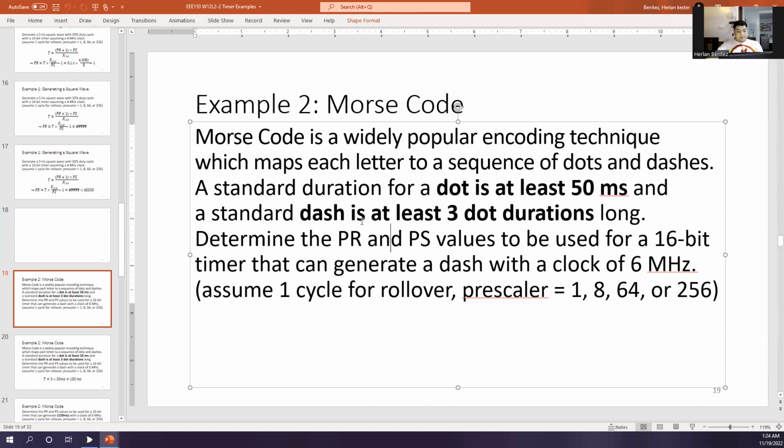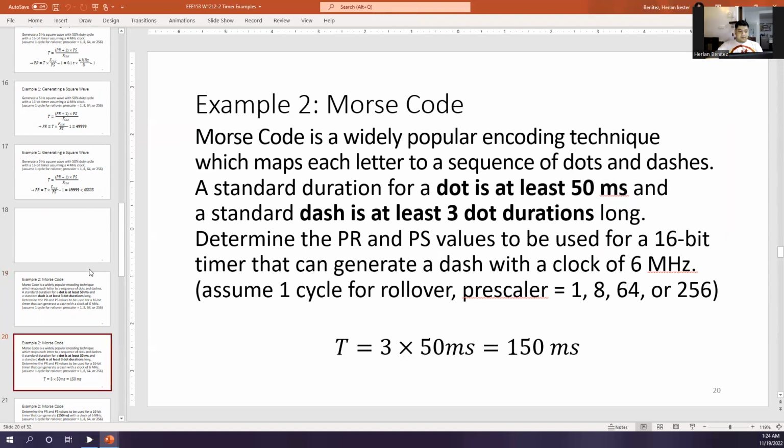So, determine the period register and prescaler values to be used for a 16-bit timer that can generate a dash with a clock of 6 megahertz. So, gusto natin mag-generate ng dash, which is 3 dot durations long. So, meron na tayong time period na kailangan natin, which is 150 milliseconds.